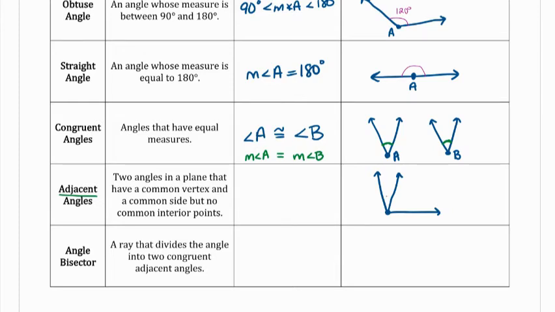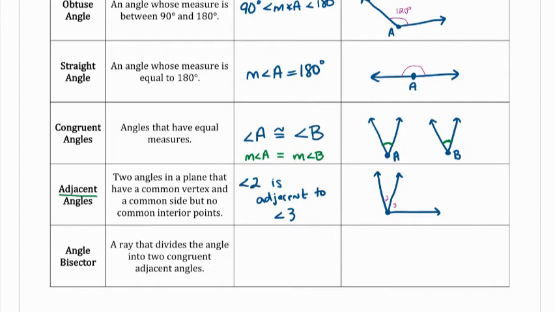So we're going to call this one angle 2 and this one angle 3, right? So I can say that angle 2 is adjacent to angle 3.